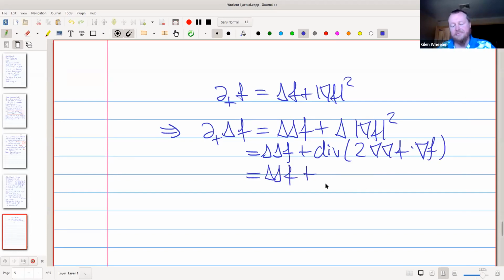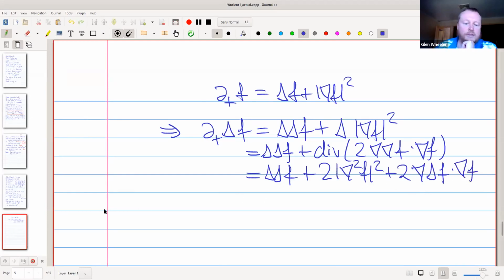And then we're going to get a term which is like the Hessian. And then we're going to get a term which is the gradient of Laplace f in the direction of gradient f, which is actually just a beautiful expression. Maybe I'm not doing it justice, but this is just a nice PDE for Laplace f.